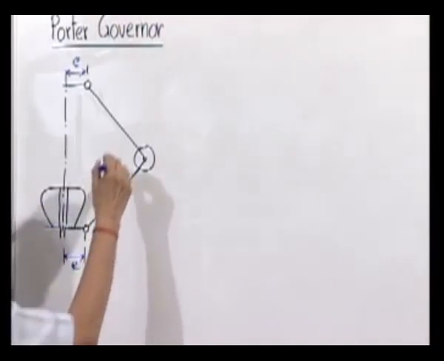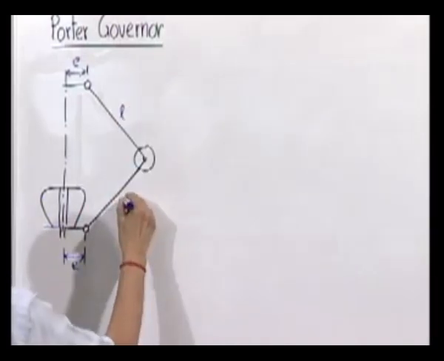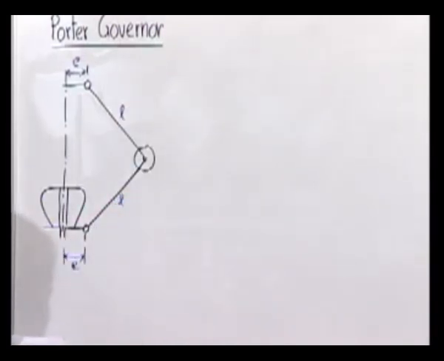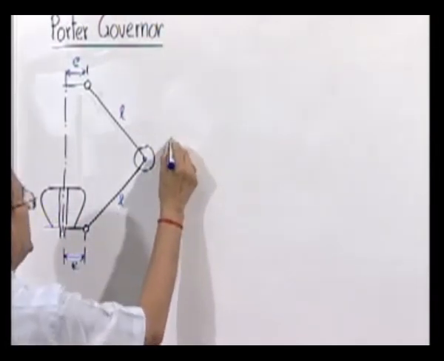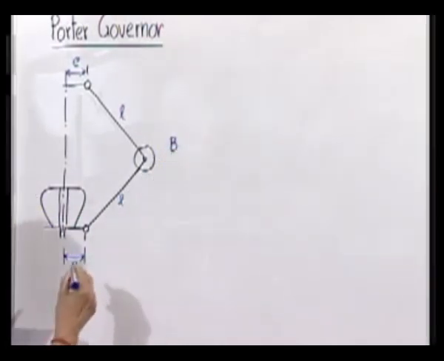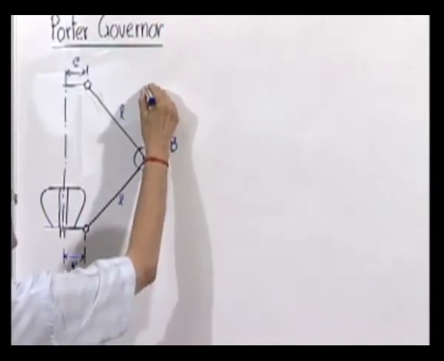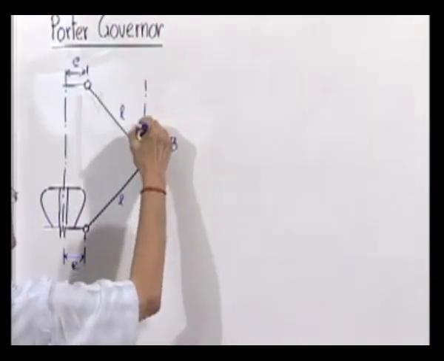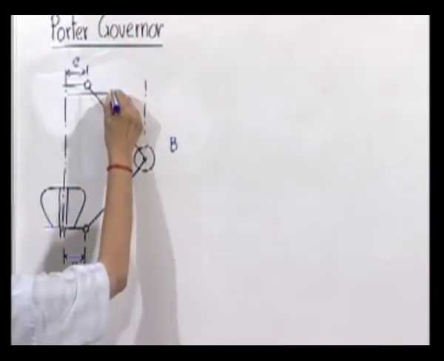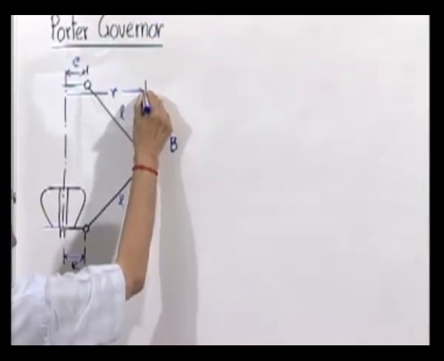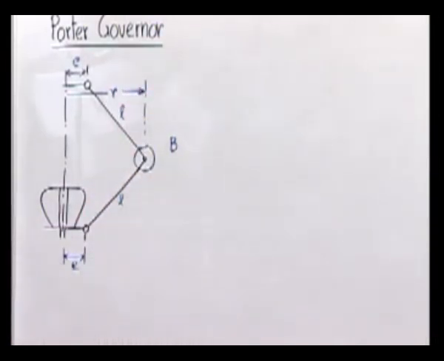The lengths of both the links are same, L. We call this end as B, and at this particular situation the radius at which the balls are revolving around the central axis is r.